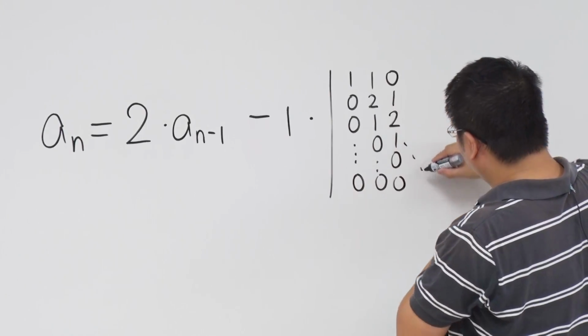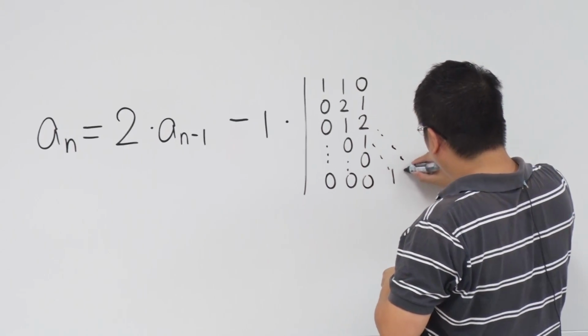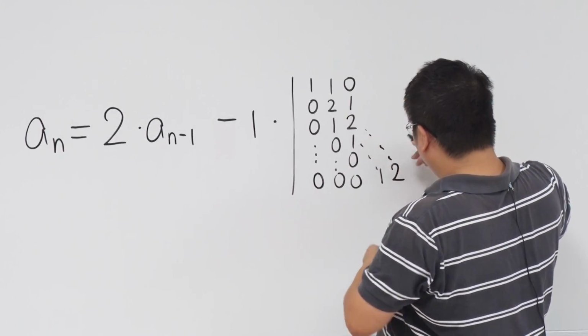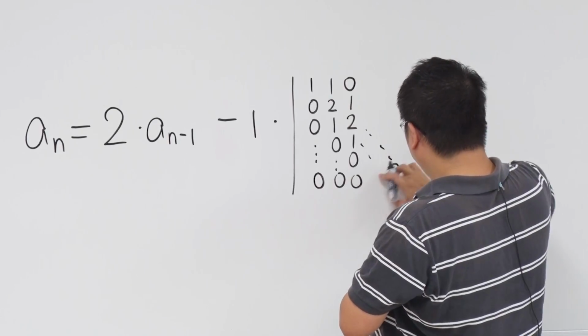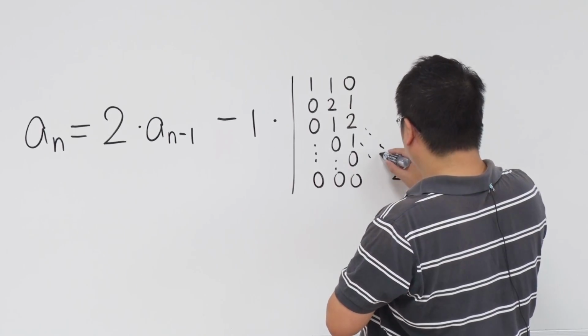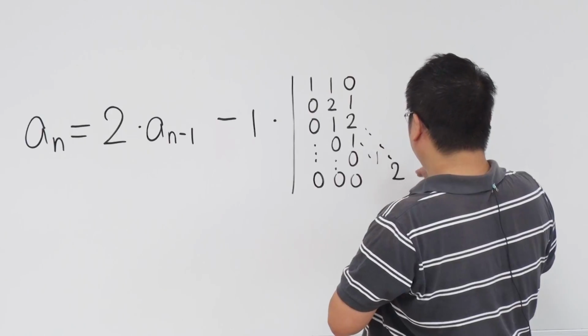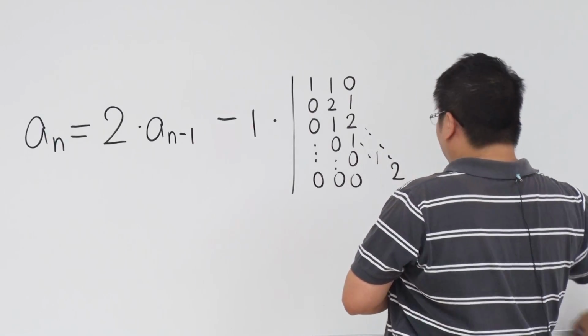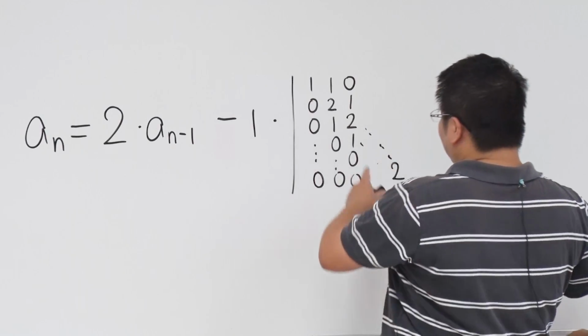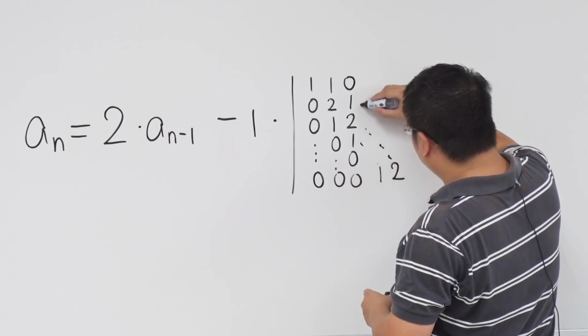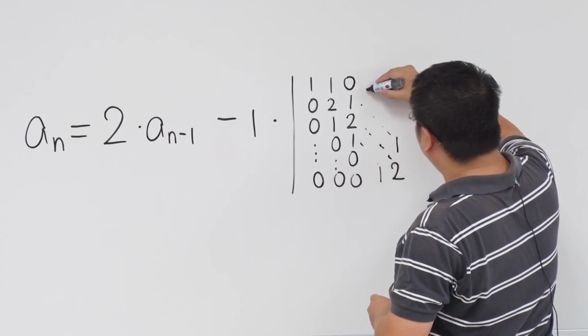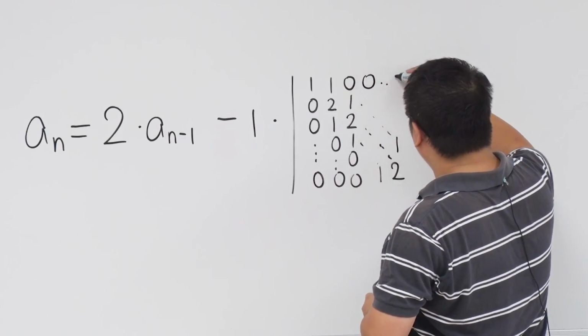So we get 1 here, we get 2 here. This is the last one: 1, 2, 1. We still get 1 up to the end. We get this 1 here, and then all of these are 0.